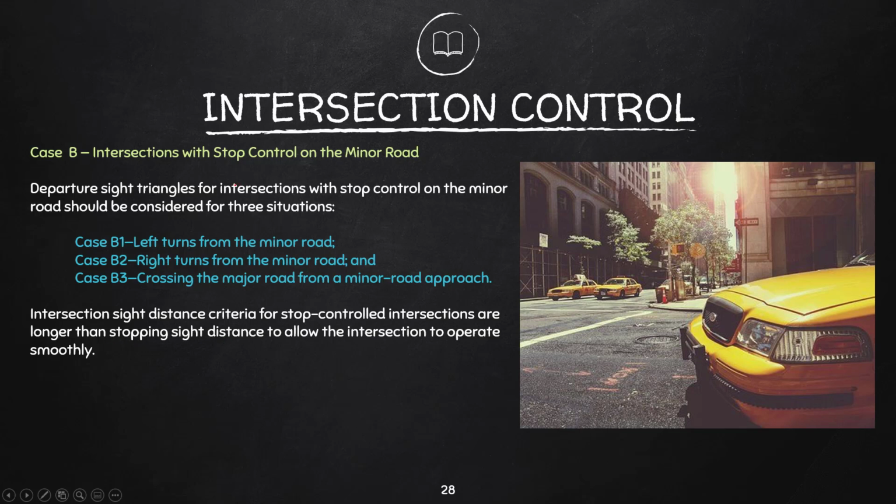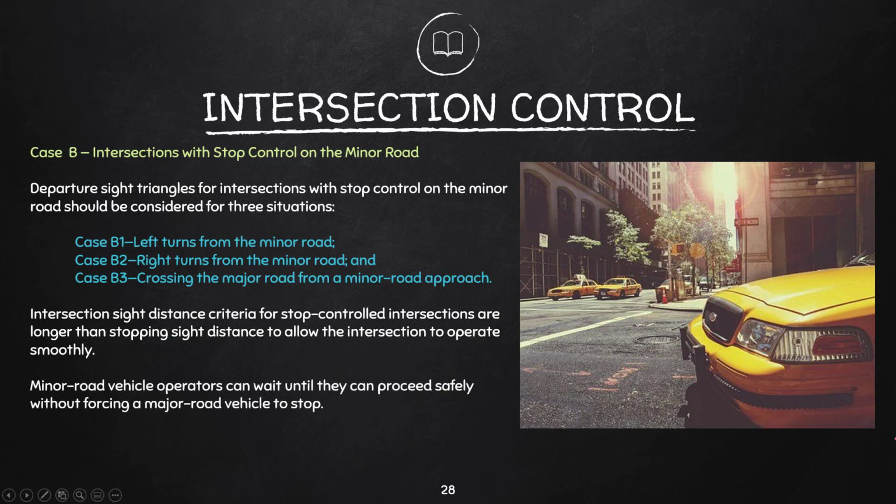But for this one, these are stop controlled. We provide a longer length of the leg than stopping sight distances to allow the intersection to operate smoothly. Minor road vehicle operations can wait until they can proceed safely without forcing a major road vehicle to stop.